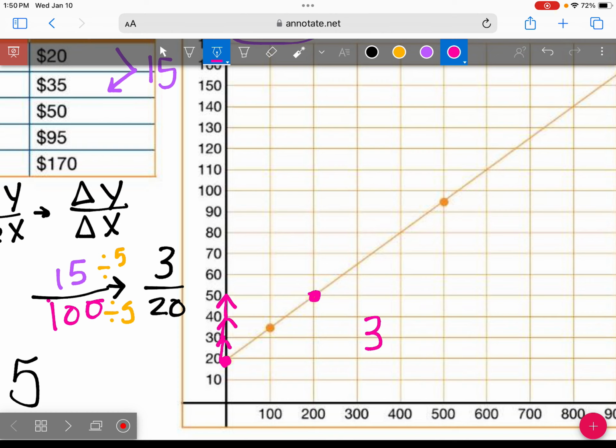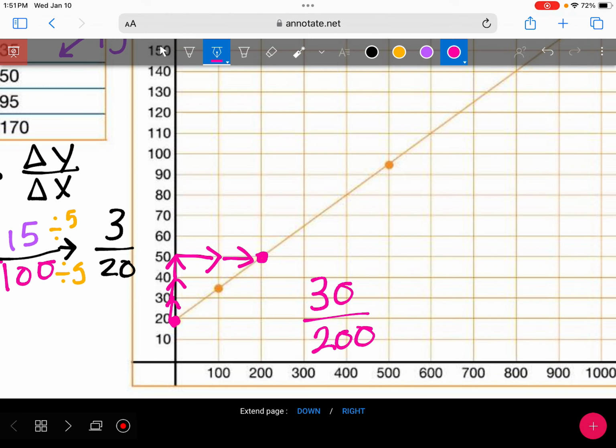So this one has a rise of about 30 and a run of counting by 100s, 100, 200. So we have 30 over 200. We can simplify this, both divide by 10, so we get 3 over 20. Oh look, we wound up with exactly the same slope as before.